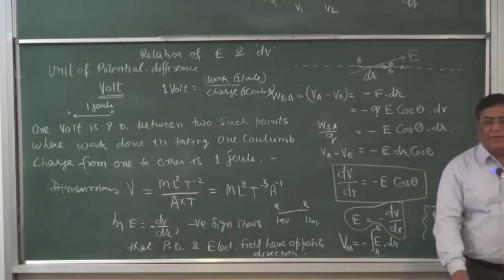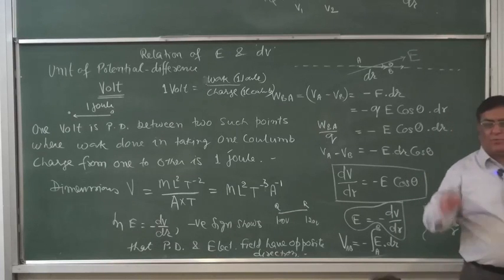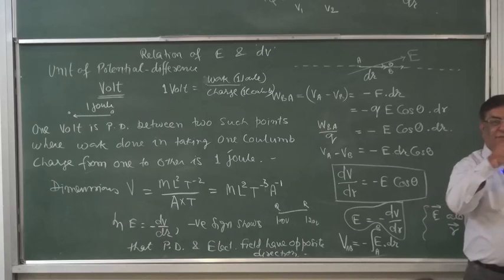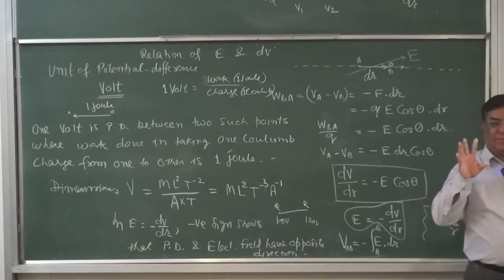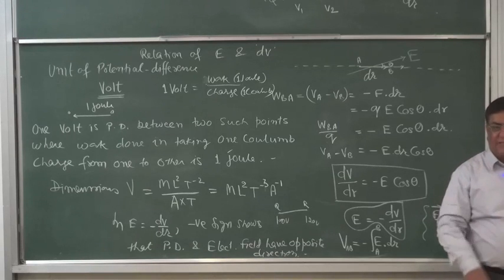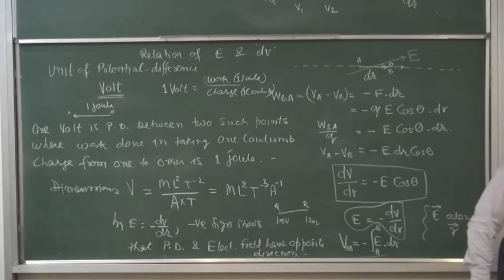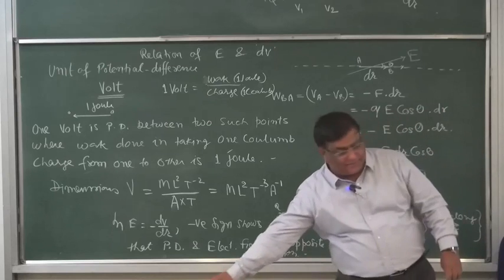Now we will see if in a place there are more than one point charge. There may be 2 charges, there may be 3 charges, there may be a system of charges. How do we calculate potential because of that?